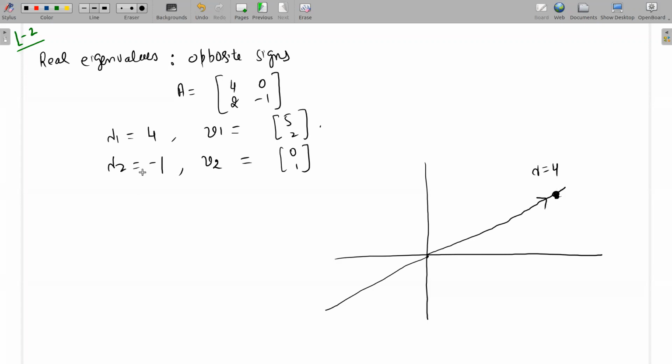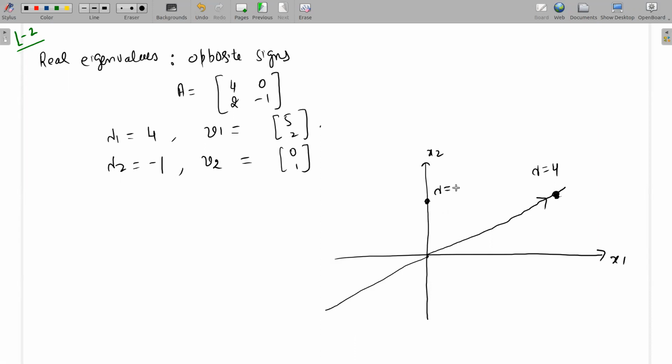The second eigenvalue is -1 and the eigenvector is (0, 1). What will (0, 1) be? On the y-axis.